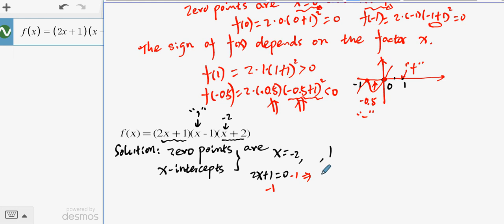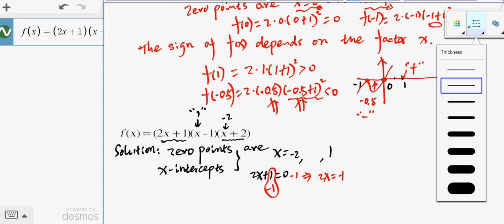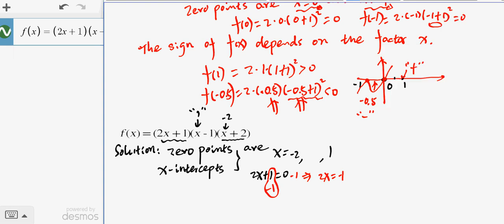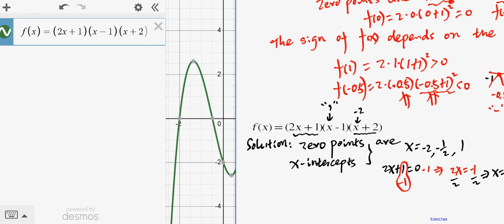So you then have 2x equals -1, because those will be cancelled. 2x equals -1, divided by 2, so you have x equals -1/2. So here you have -1/2. Okay, so -1/2, -0.5, and 1 will be the zeros.